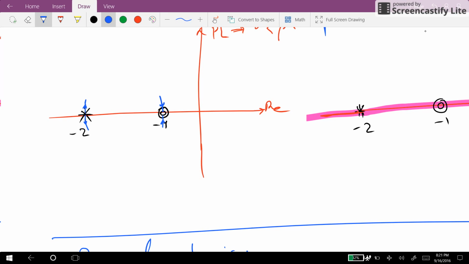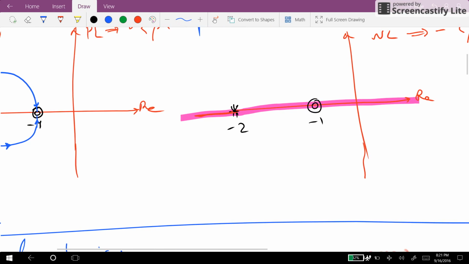So this will be somehow the root locus for the positive values of rho, as I draw it here, and these branches will be symmetric with respect to the real axis. Yeah? So this is what we will have for the positive locus.